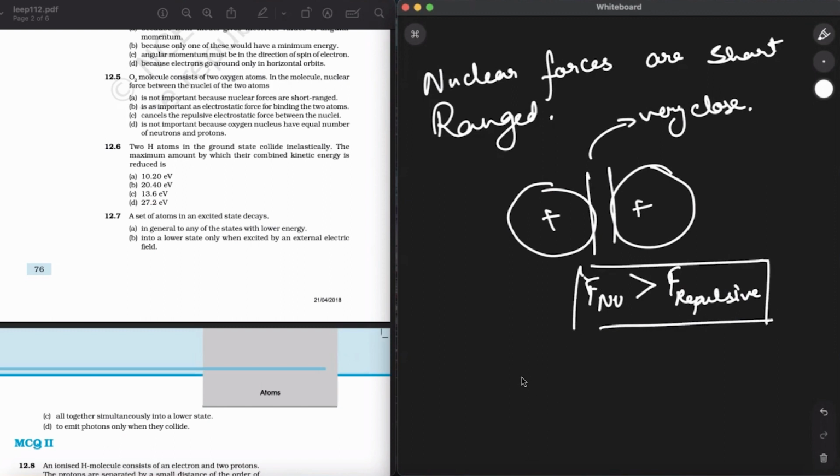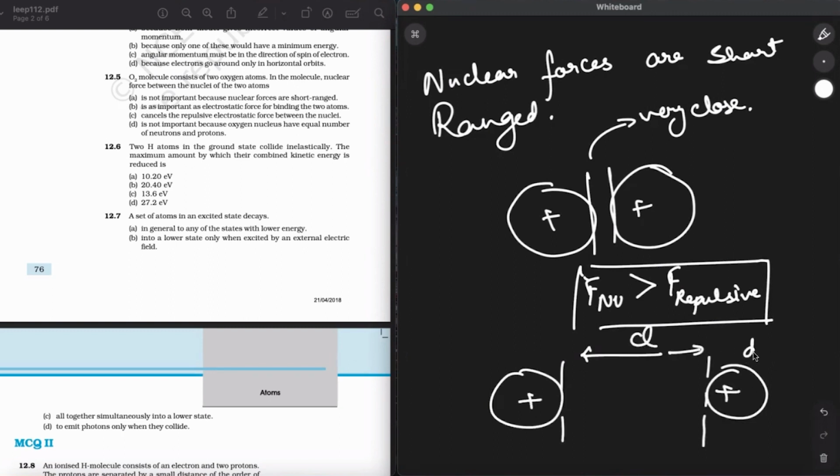But as you increase the distance between the nuclei, this distance D is large. So F nuclear will immediately start tending to zero, and there will be only F repulsion. When there is F repulsion, they will start to move apart at a higher pace. So this explains this question as well.